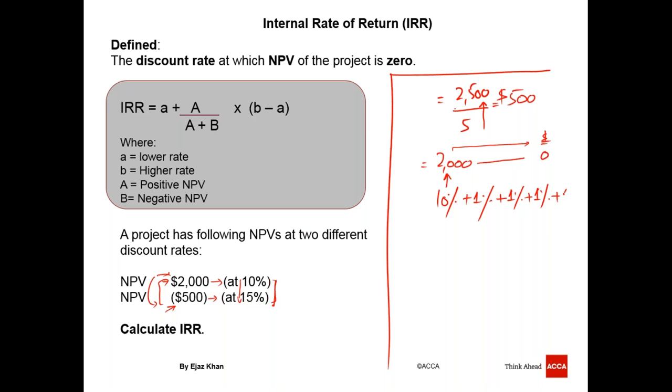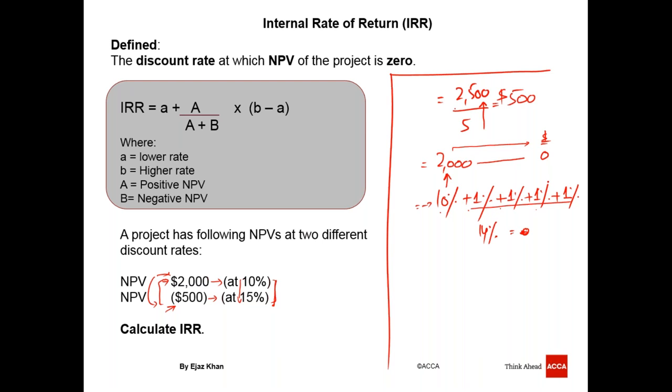And if we increase it a further 1%, it will be equal to 0. So 10 plus 1 plus 1 plus 1 plus 1 will be 14%. So it means at 14% cost of capital or discount rate, the NPV will be 0. So we have to increase our current discount rate of 10% by 4 percentage points.